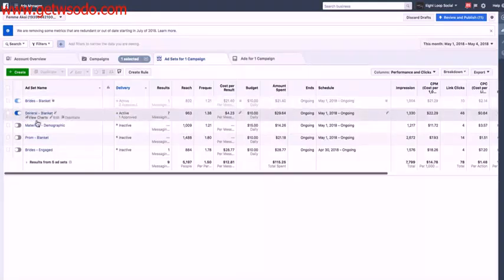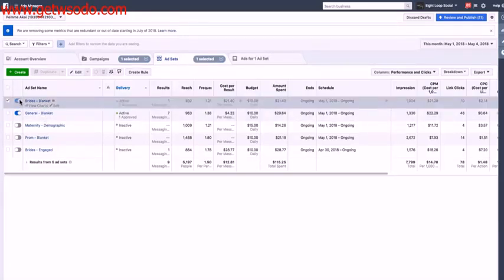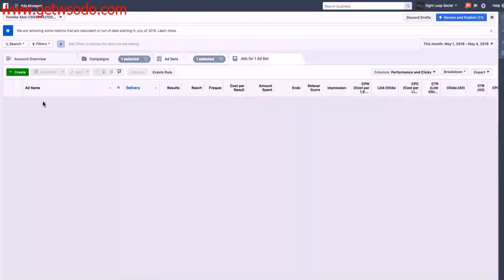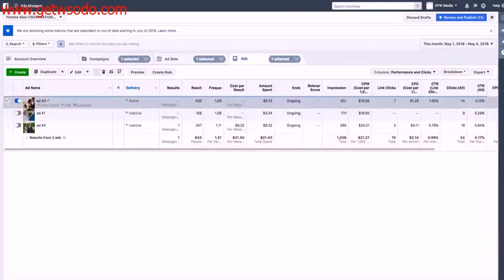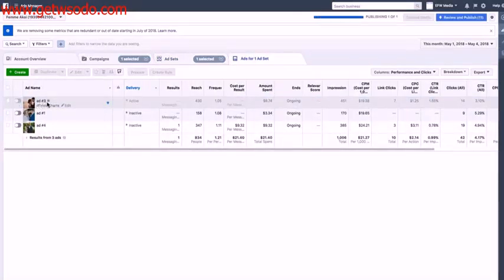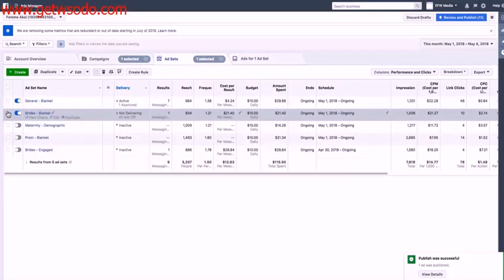This persona here, the general audience of general hairstyle upkeep, etc., is showing the most promise at this stage. So we can loop back to this one later on, and I think it's because I need to publish this. And I can pause this at the ad level so that I know to come back to this later on, so that it's active at the ad set level. All right, great.